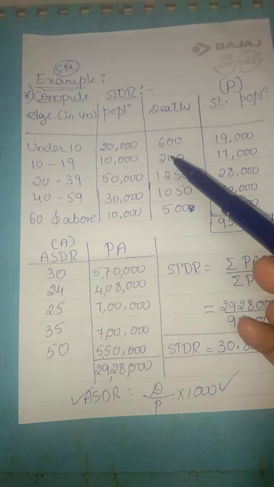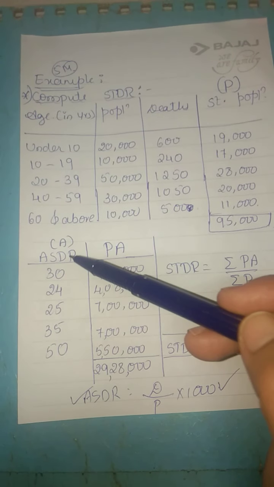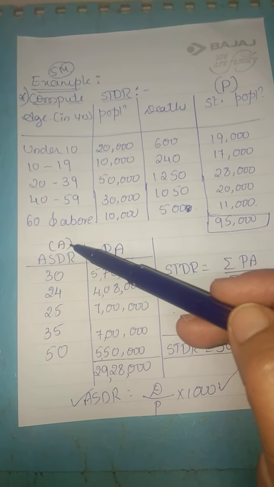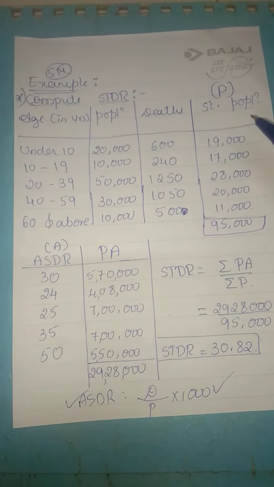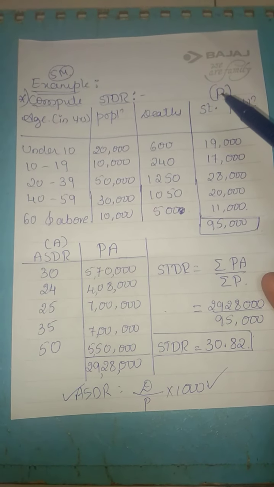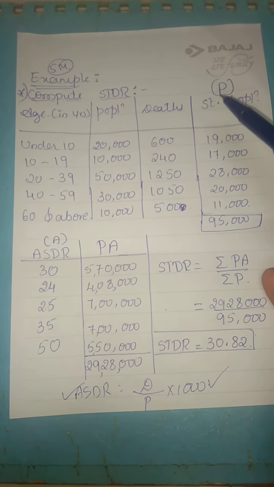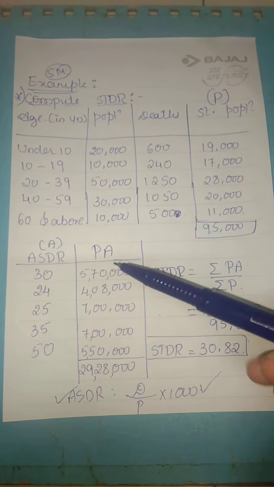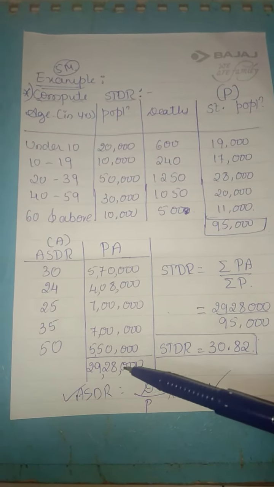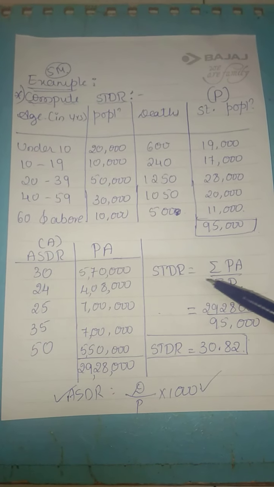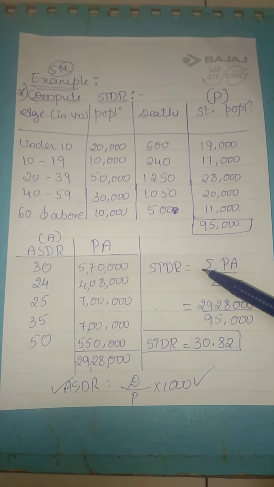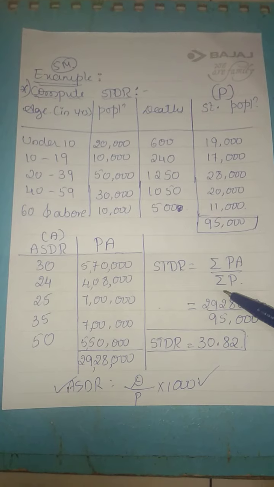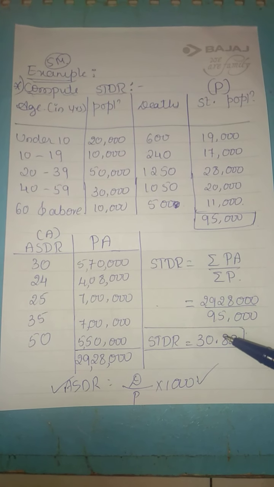Similarly, you have to do the remaining. This is considered as A, and standard population is denoted by P. Multiply these two, P into A. Get the total, write the formula, STDR is equal to summation PA by summation P, substitute and get the result.